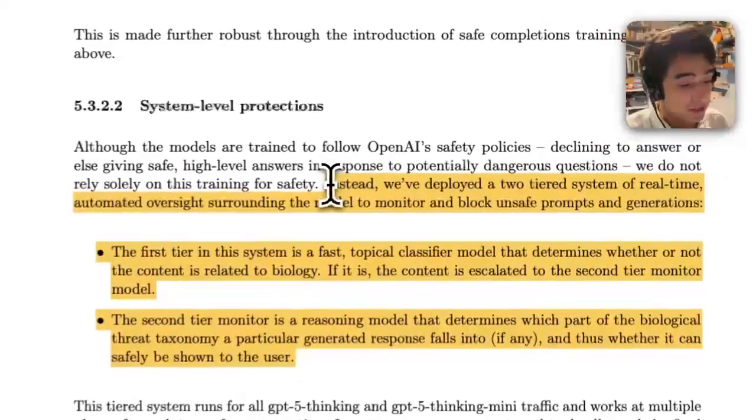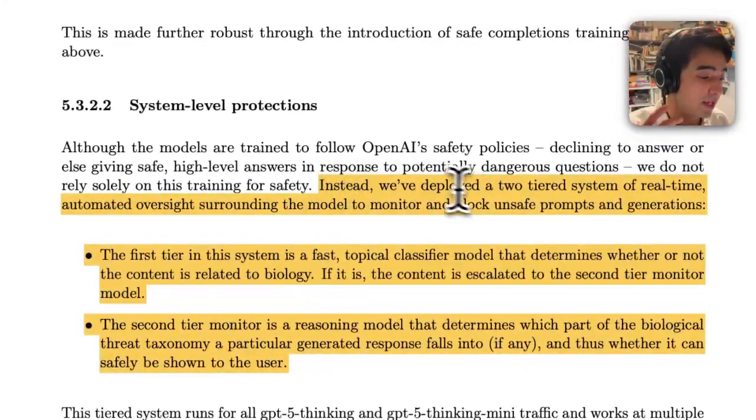So as you can see right here, they have developed a two-tier system of real-time automated oversight surrounding the model to monitor and block unsafe prompts and generations. So there's a two-tier system. The first tier is a very fast classifier that determines whether or not the content of your query and the answer is related to biology, okay?